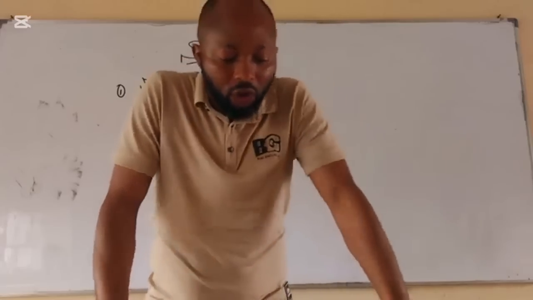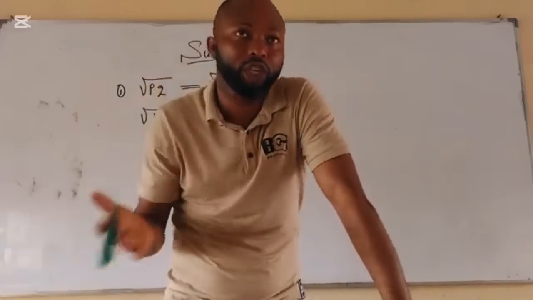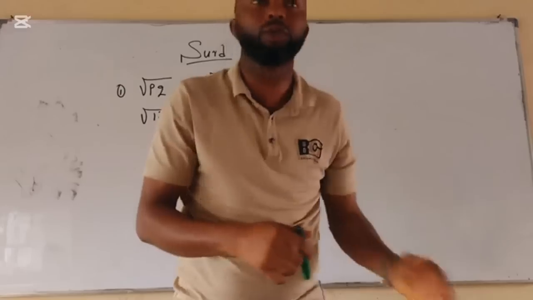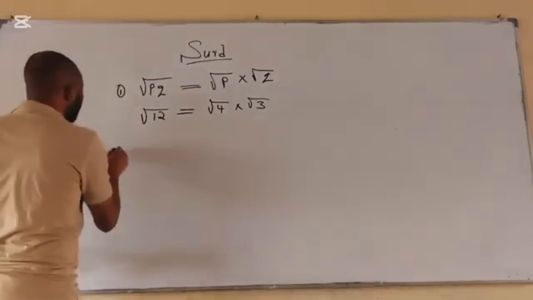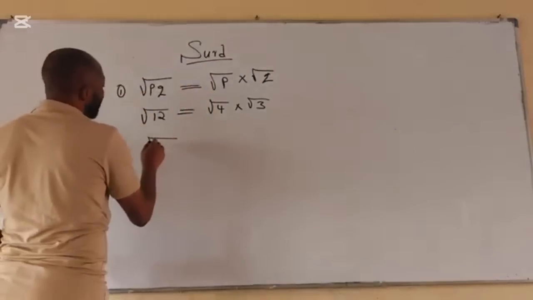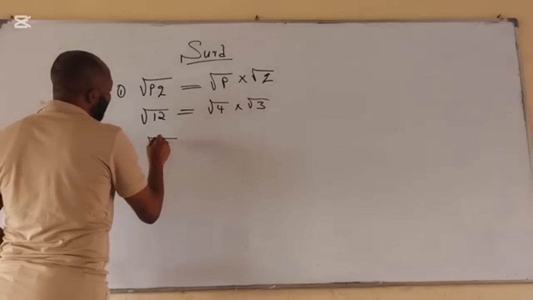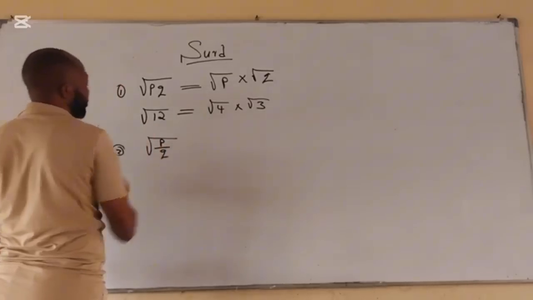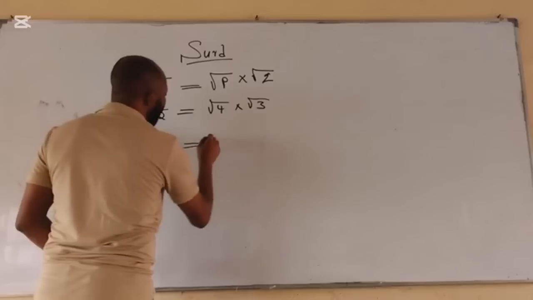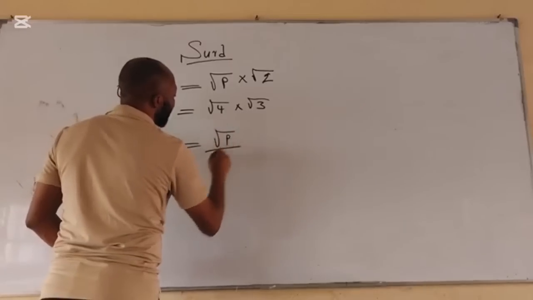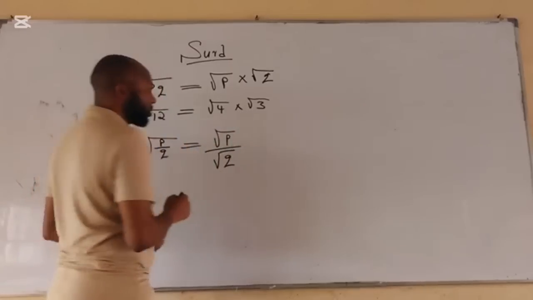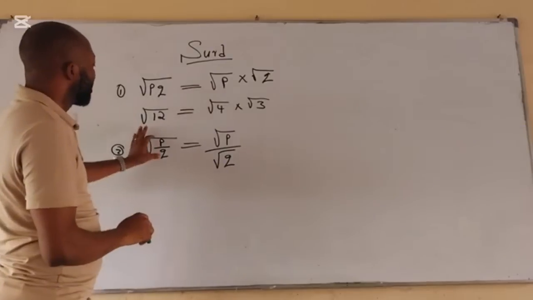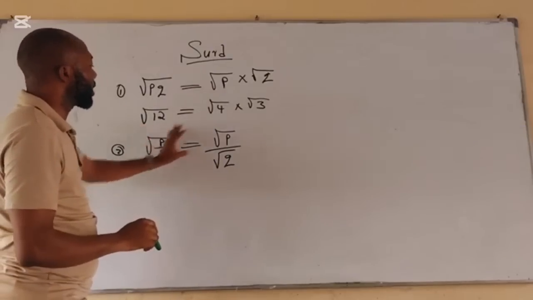We have the second rule. That first one is the multiplication rule. The second one is the division rule. If we have the root of P over Q, this can be expressed as root P divided by root Q. So insofar as we can do it this way, we can also do it this way.